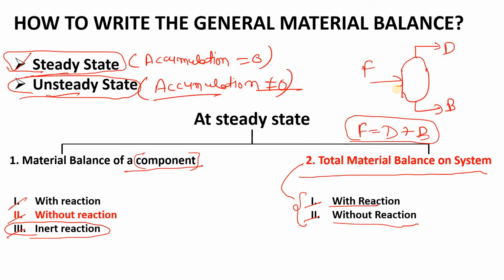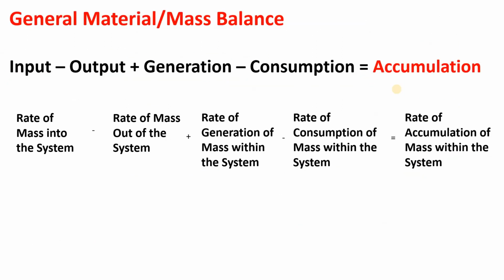Okay, so now we will see how to write the material balance. I hope you have understood what the material balance of a component is, and what the total material balance is. See here, this is our journal material balance. If you understand this journal material balance, then you will easily solve any problem.